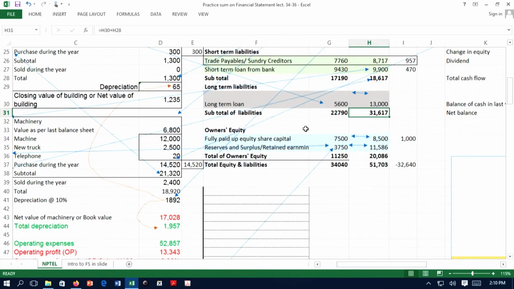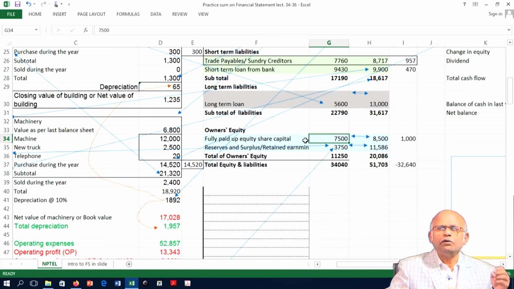Now, the loan is done. So, equity, previous year equity was 7,500. Equity is the money that founders invest in the company. So, as on 31/3/2018, the founders invested only 7,500. Now, during the current year, we have to see whether they have made any more investment.